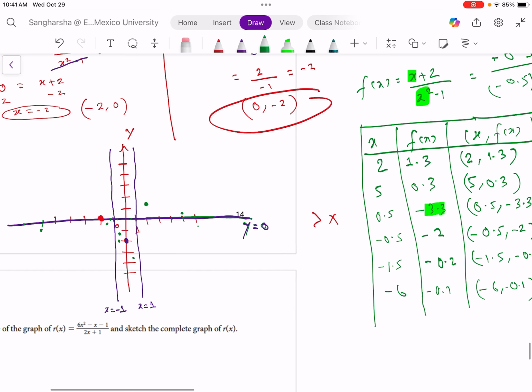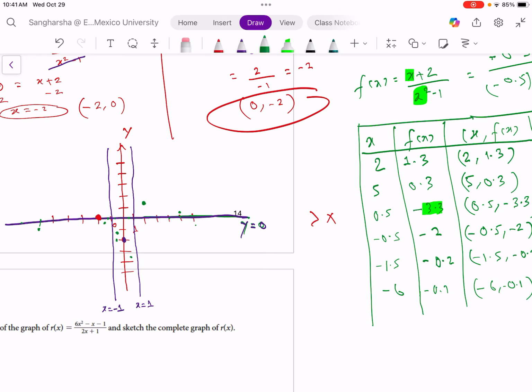Now here our graph looks like this. Make sure not to cross this vertical asymptote. When you draw a graph, do not cross this vertical asymptote. So the graph is very close to the vertical asymptote.